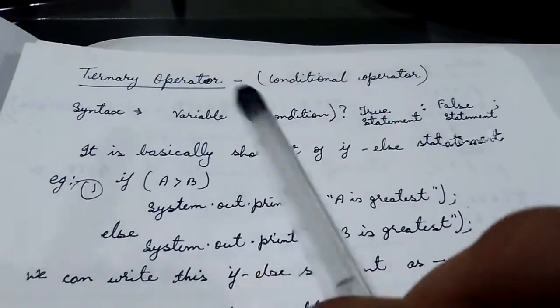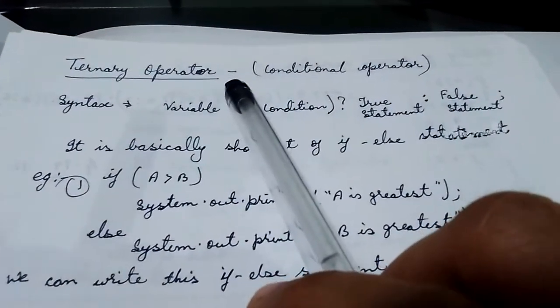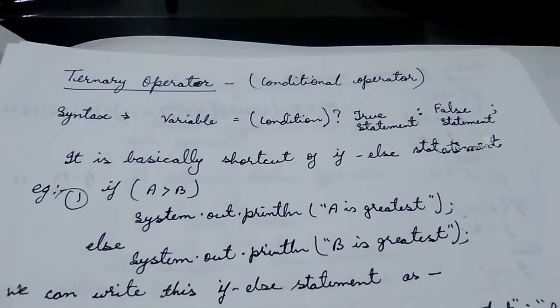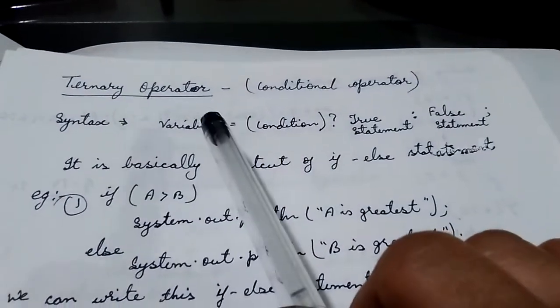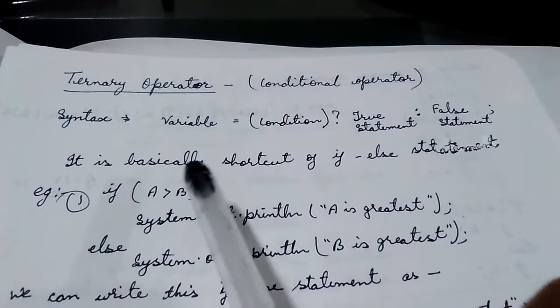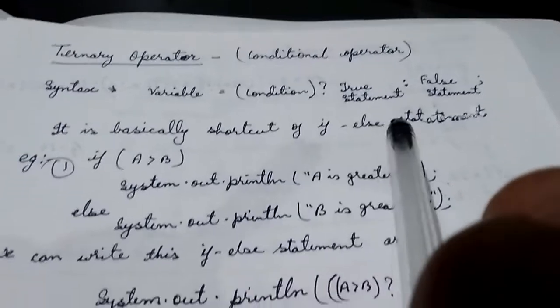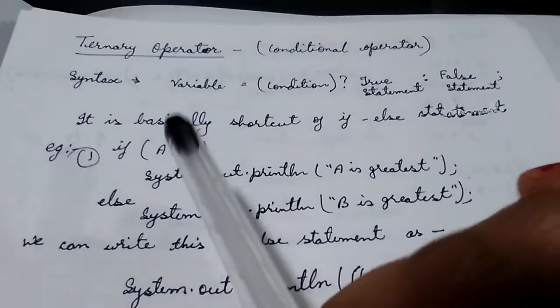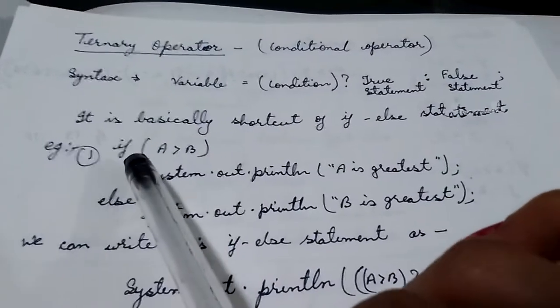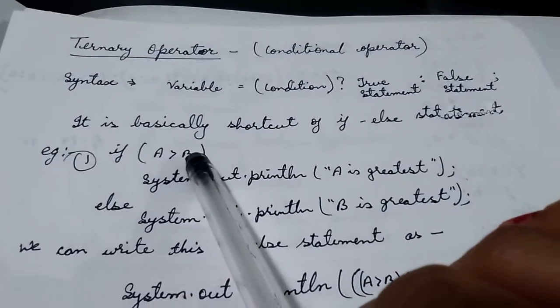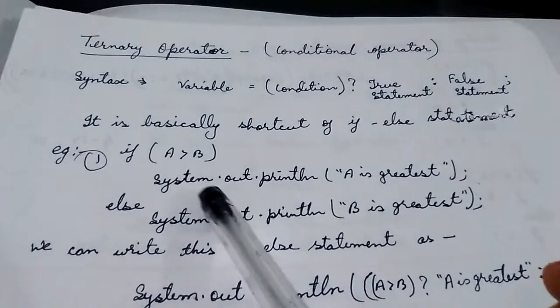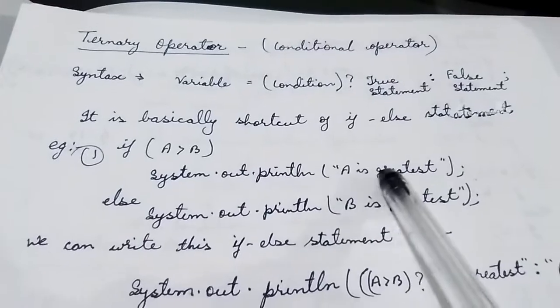Before going further, it is important to understand that the ternary operator is basically a shortcut of the if-else statement. We can see one example here. If A is greater than B, then System.out.println A is greatest.